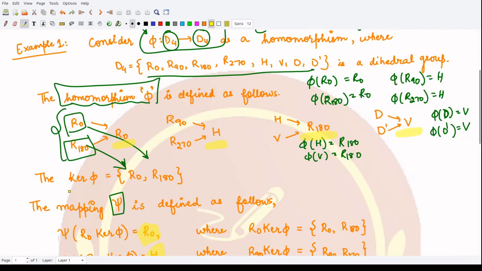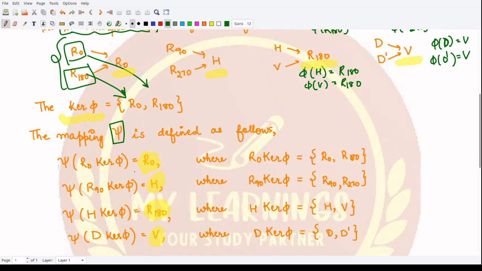The cosets are constructed by taking any element and looking at the distinct ones, so you see we only have 4 distinct cosets here. One is R0 kernel phi, which contains both R0 and R180, and this would be equal to R180 kernel phi, so we are leaving that.